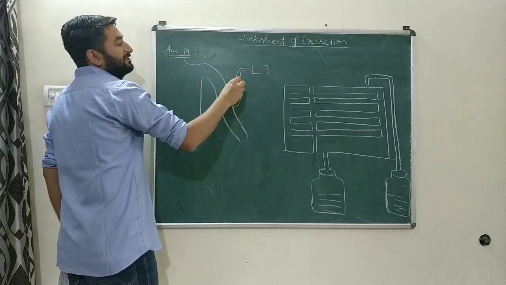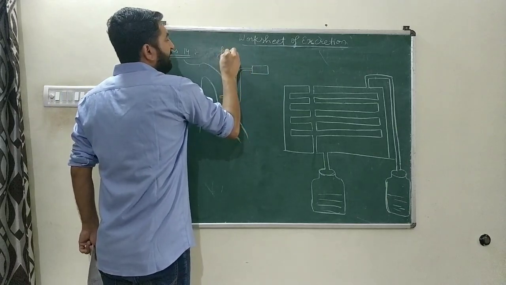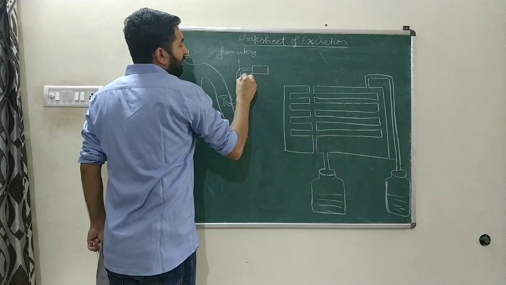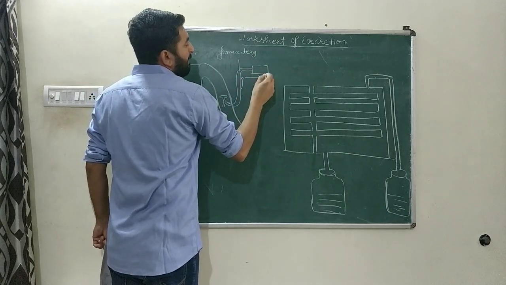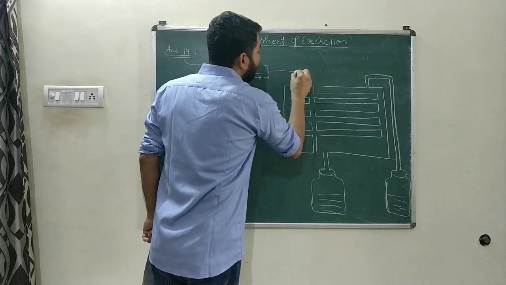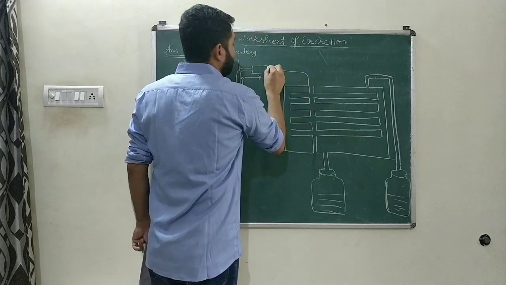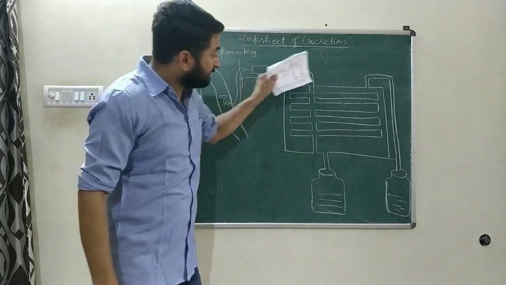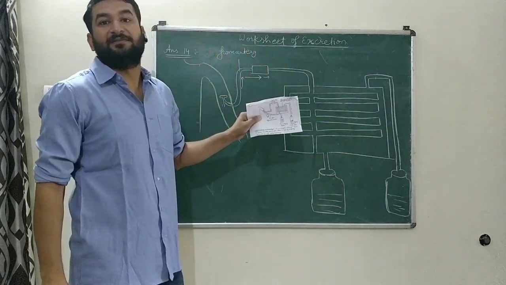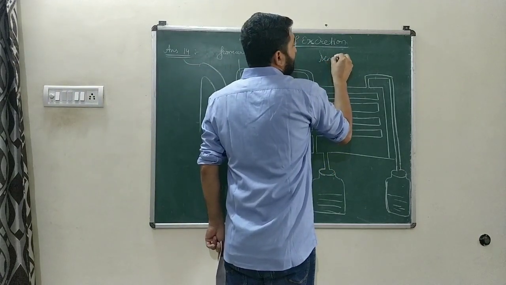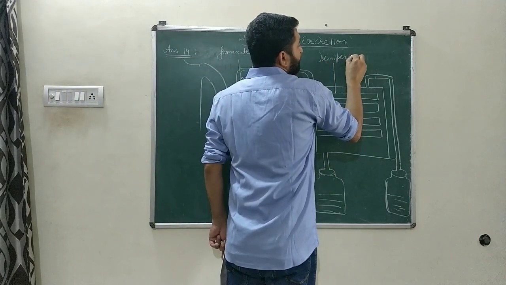So that vessel comes from artery, and the impure blood is pumped by the help of this pump into the dialyzer. This setup is the dialyzer. These are thin semi-permeable tubes.